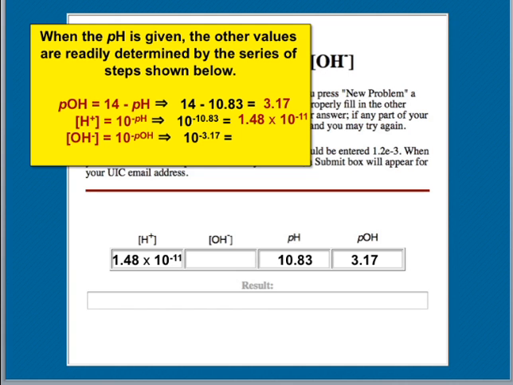For OH, we can simply take the pOH value here, do 10 to the minus pOH, that's this thing. So you type in 3.17, change the sign, hit 10 to the x. You should get about 6.7 times 10 to the minus 4. So this tutorial lets you do it all.